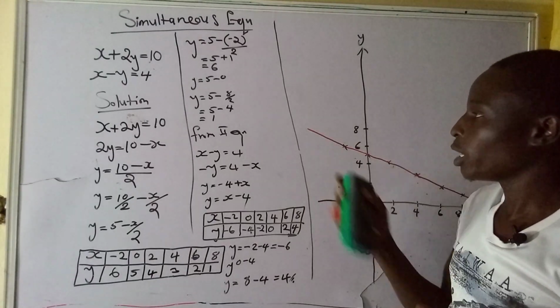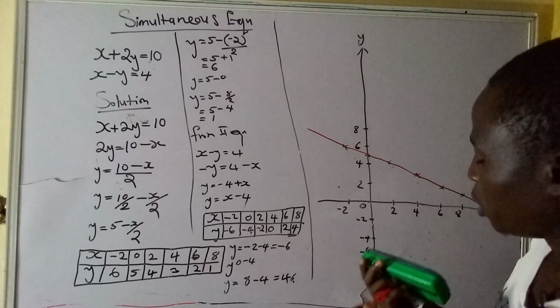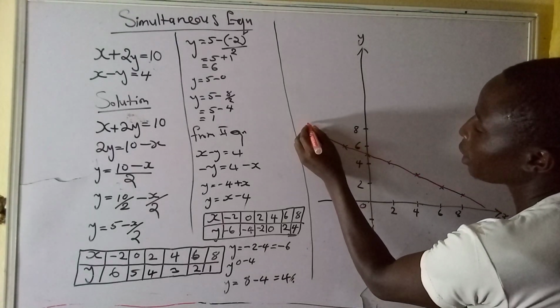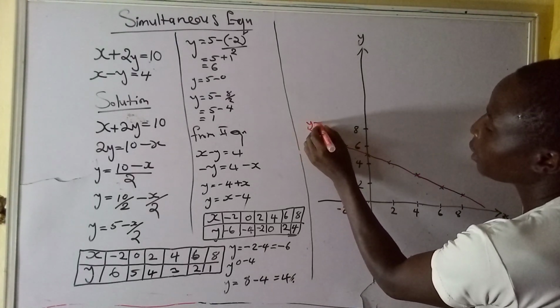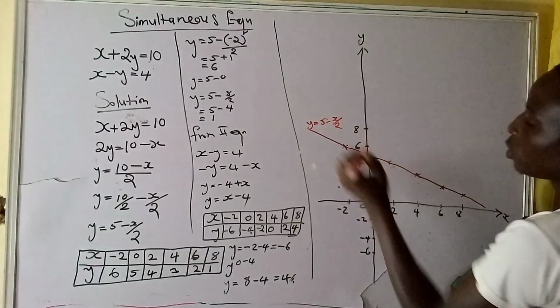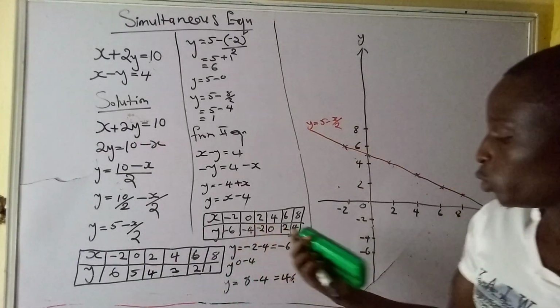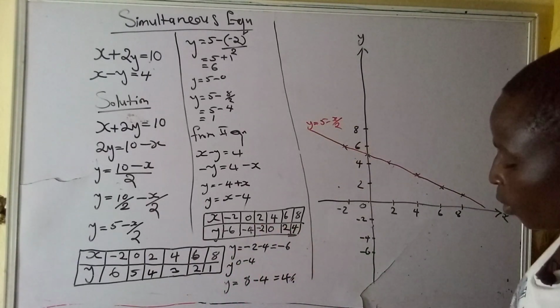So this is a rough sketch, so I need to carefully join the points and also label the line y equals 5 minus x all over 2. So now I'm done with this table. I have to go to the next table.